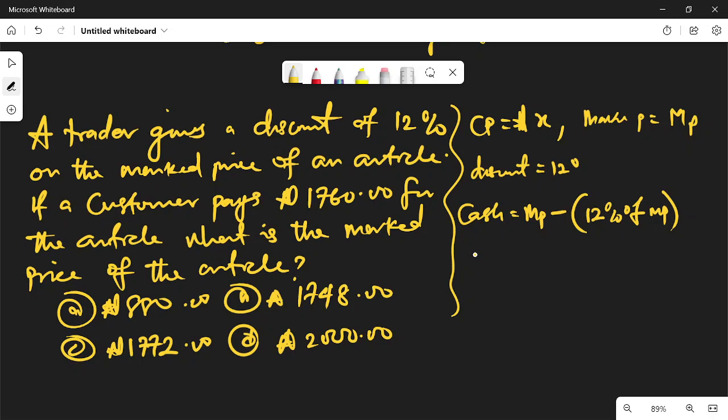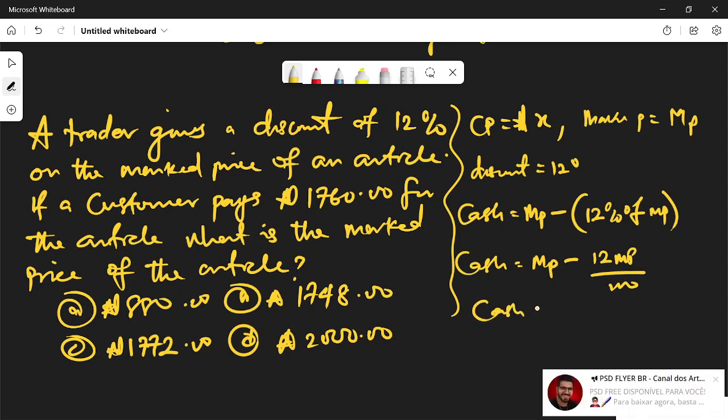So the cash price is going to be the marked price minus 12 over 100 times MP, that is 12 MP all over 100.